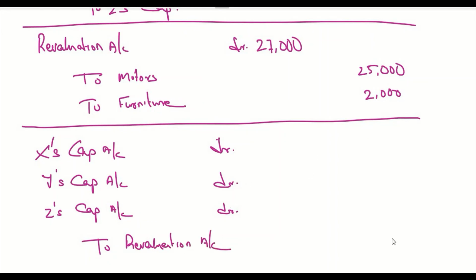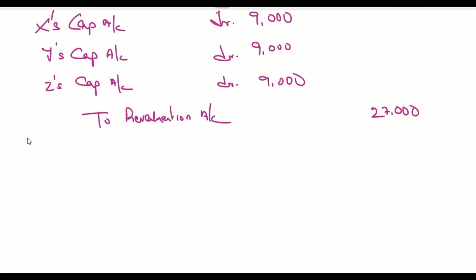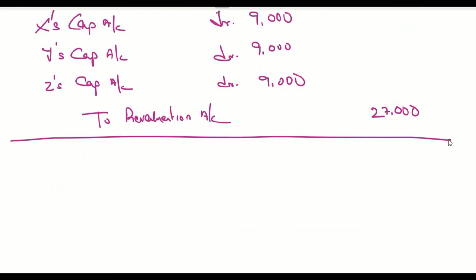So 27,000 divided in 1:1:1 ratio, it's going to be 9,000, 9,000, 9,000. That's all for the journal entries.